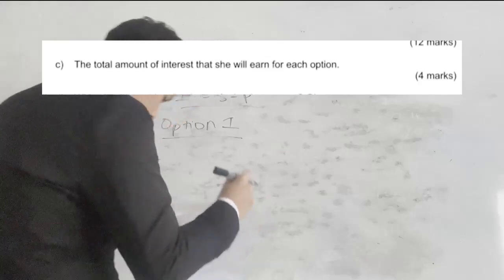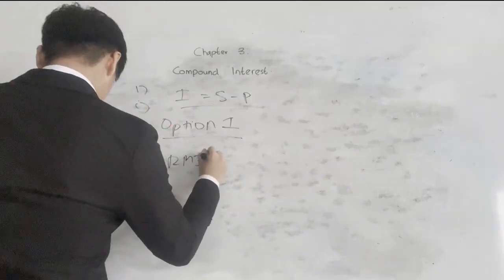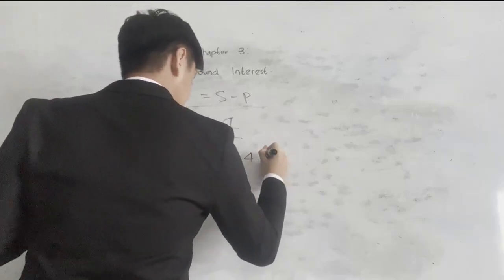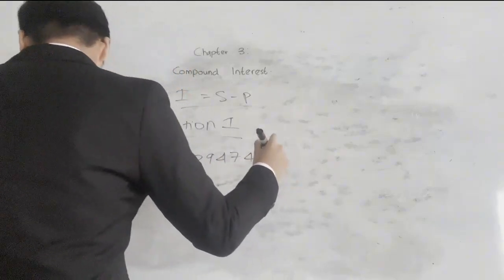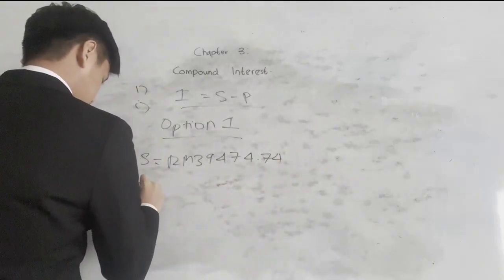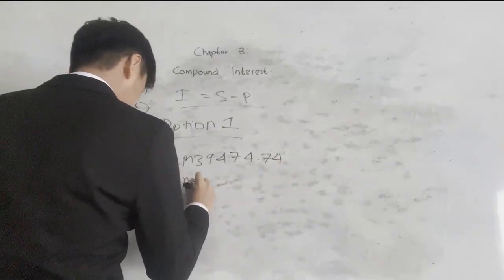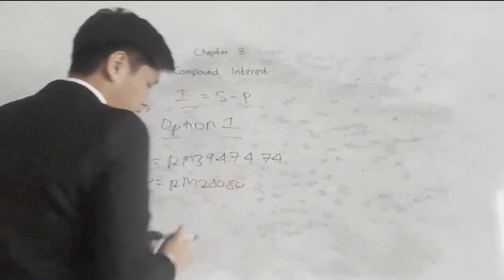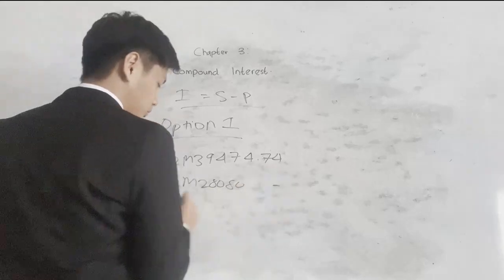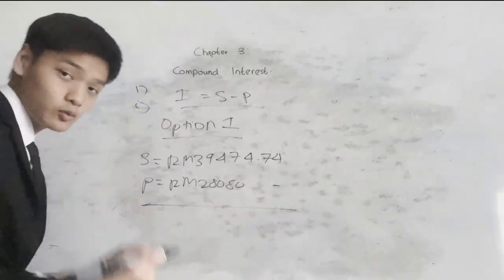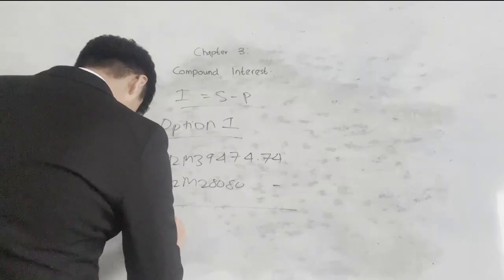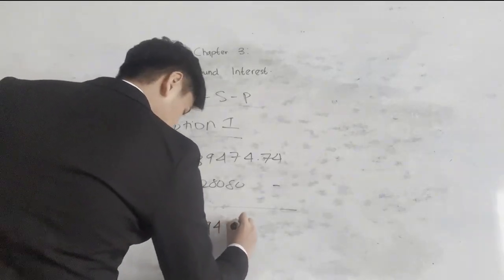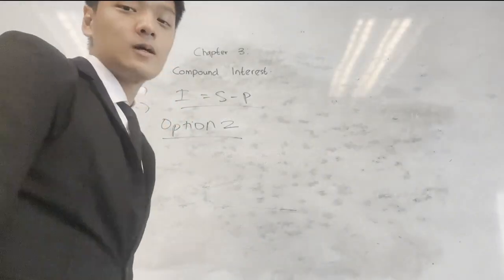S is equal to RM 39,474.74, and the P is equal to RM 280.80. Okay? Just minus this one. We will get the answer for the interest of option 1. It's equal to RM 11,394.74. That's all for option 1.